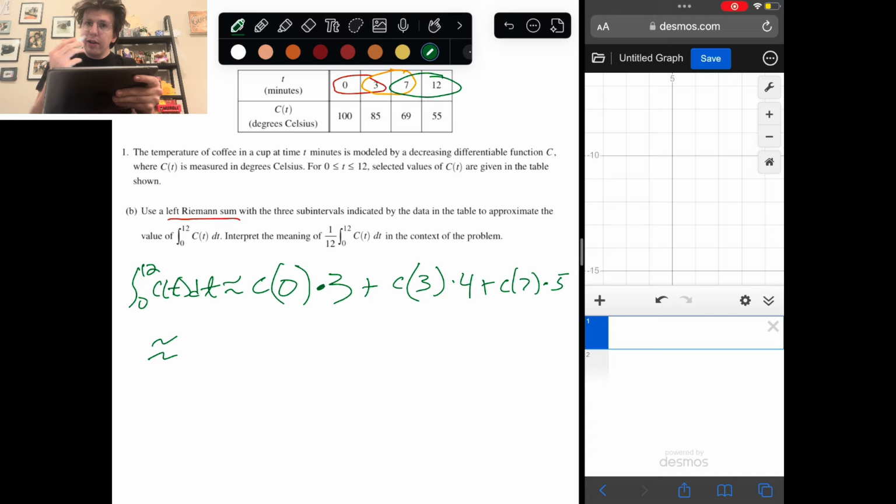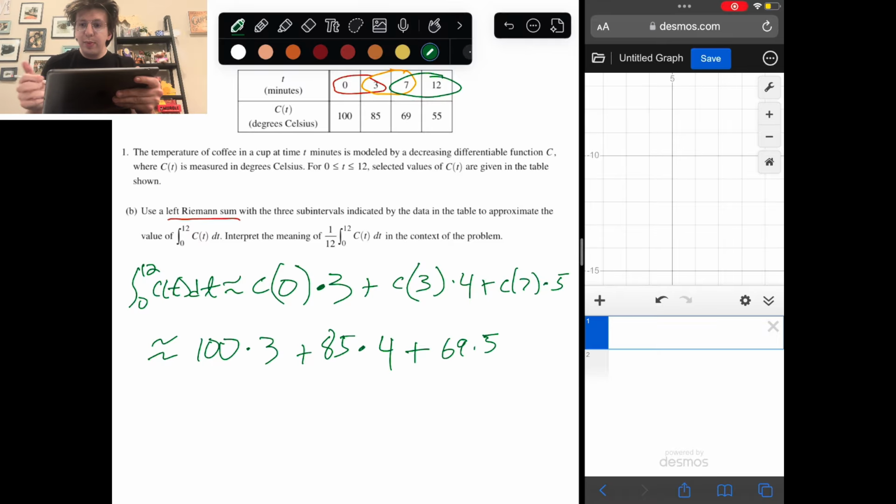All right. Now let's plug in. C of 0 is 100, so 100 times 3, plus C of 3 is 85, so 85 times 4, plus C of 7, which is 69, so 69 times 5.